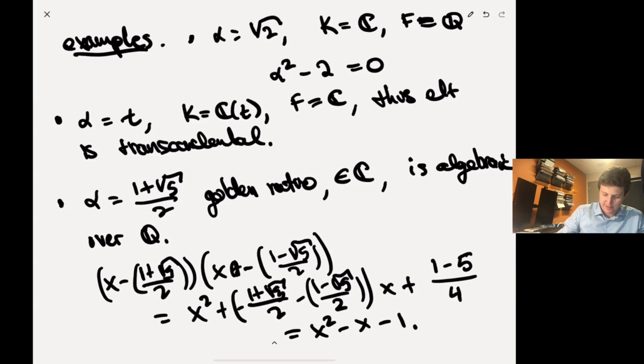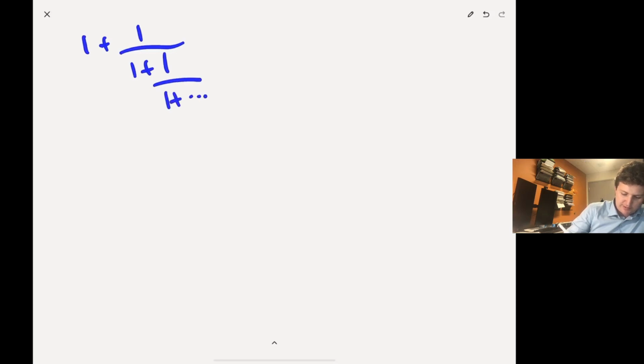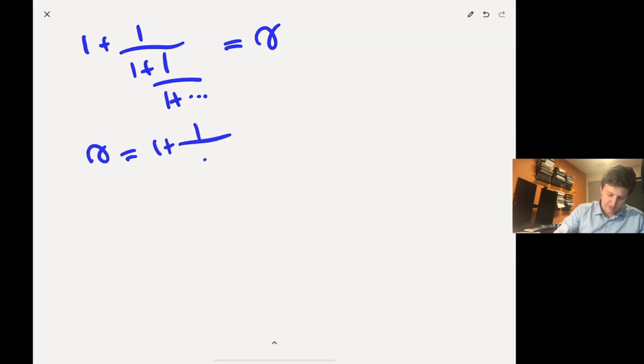This reminds me of something cool. By the way, let's take a little detour on this. Another way to do the golden ratio is this number: 1 plus 1 over 1 plus 1 over 1 plus... We'll call this gamma. I don't know what you're supposed to call the golden ratio. So gamma is equal to 1 plus 1 over gamma.